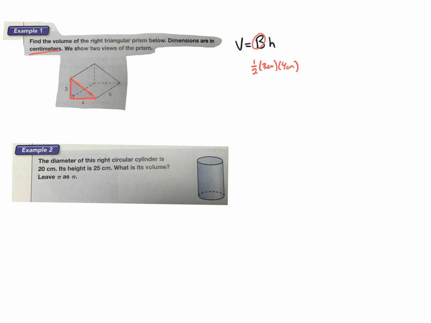And then the height, this height right here, is the distance between the two bases. In this case, it's going to be 6 centimeters. So multiplying these, 3 centimeters times 4 centimeters is 12 centimeters squared.